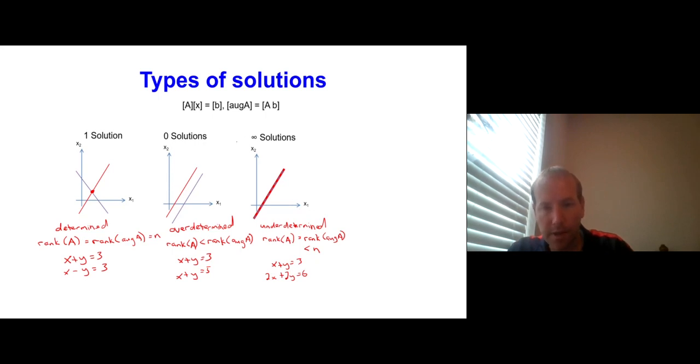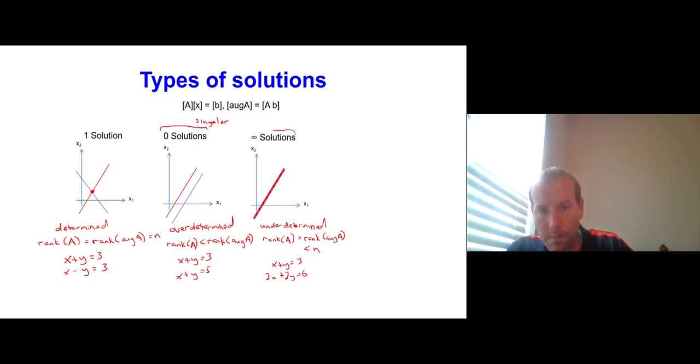So these are two cases where there's not just one solution, and both of these are called singular, because the determinant of A equals 0. That's a hint that you're working with a singular system, where there's either going to be 0 solutions or an infinite number of solutions.